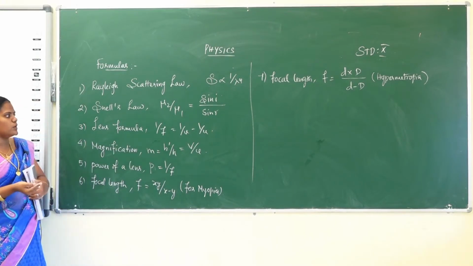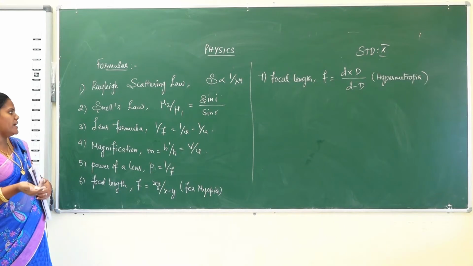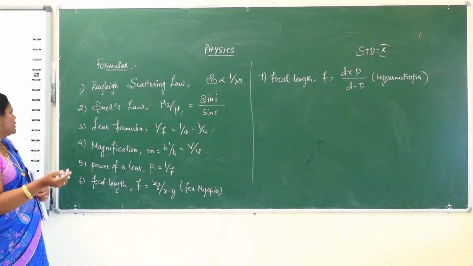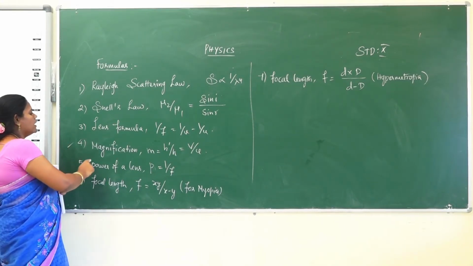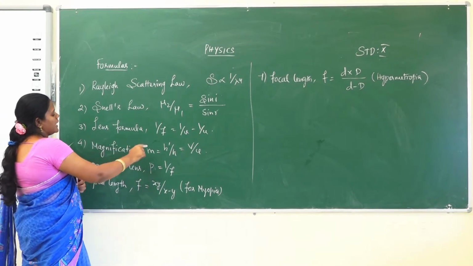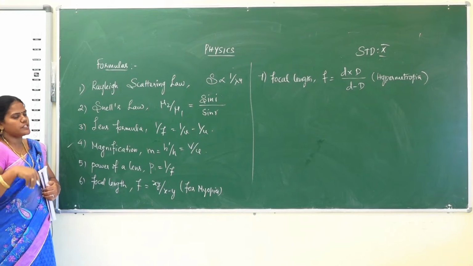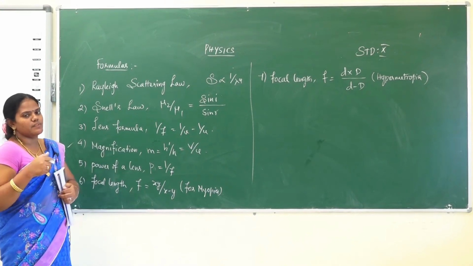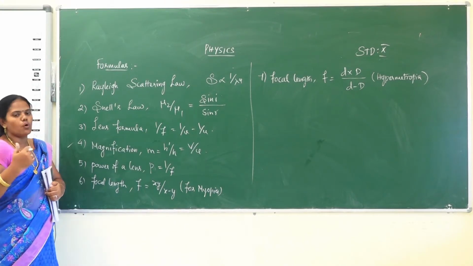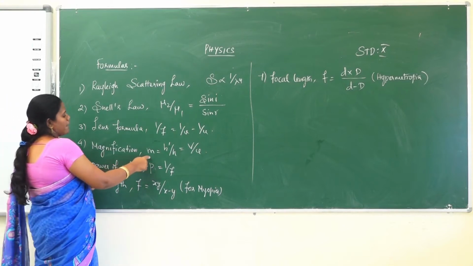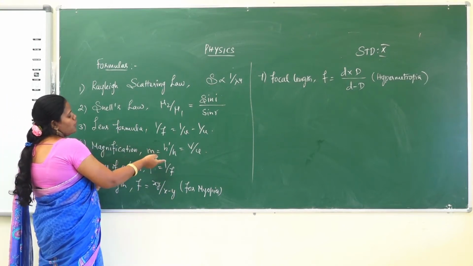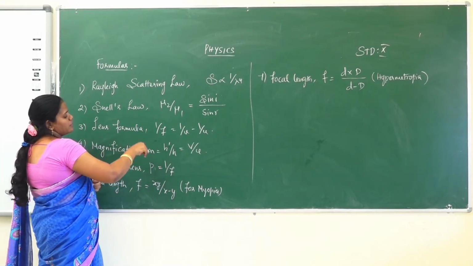That is 1 by f is equal to 1 by v minus 1 by u. Next one is the fourth one, magnification. Magnification m is equal to h dash by h. What is h dash? What is h? h dash is the size of the image. h is the size of the object. So the magnification m is equal to the ratio of the height of the image to the height of the object.